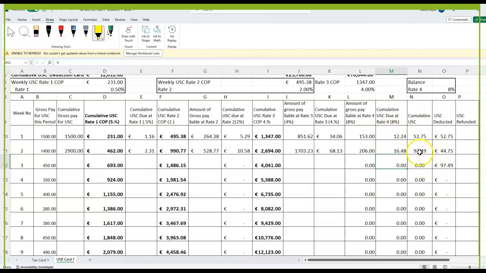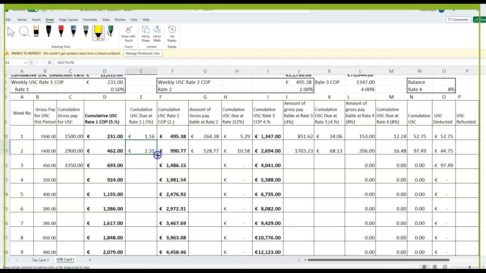Then we add up all the 4 deductions and make a comparison with the previous week, and there is a further 44.75 income USC deducted. If I was to go back to 450 the next week, let's have a look at that. So 2,900 plus weekly income of 450, giving me a cumulative of 3,350.